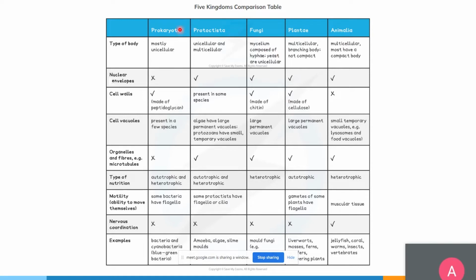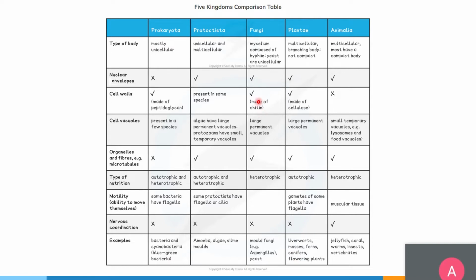The kingdom Prokaryota or Monera includes mostly unicellular organisms which have cell walls made of peptidoglycan, do not have nuclear envelopes or well-formed membranous structures, are autotrophic and can also be heterotrophic, and include examples such as bacteria and cyanobacteria or blue-green bacteria.